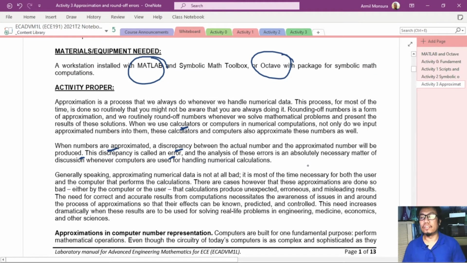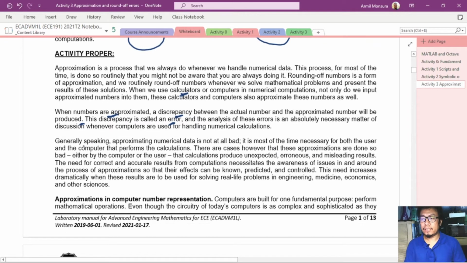So as I said earlier, generally speaking, approximating numerical data is not at all bad. It is most of the time necessary for both the users and the computers that perform the calculation.